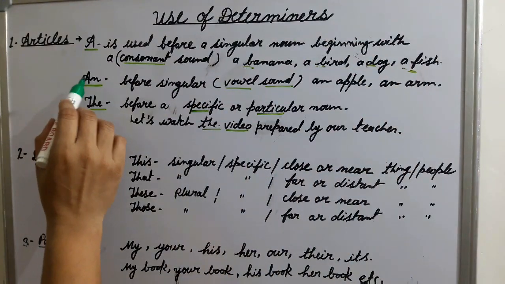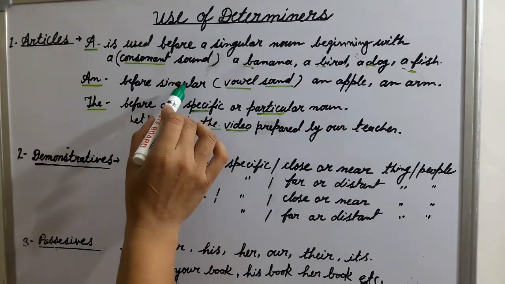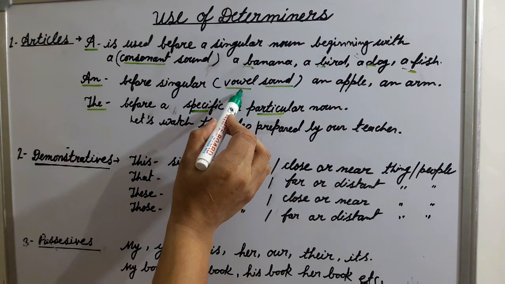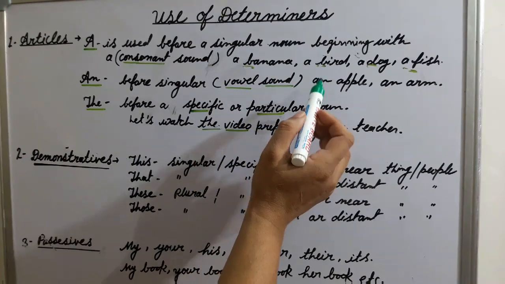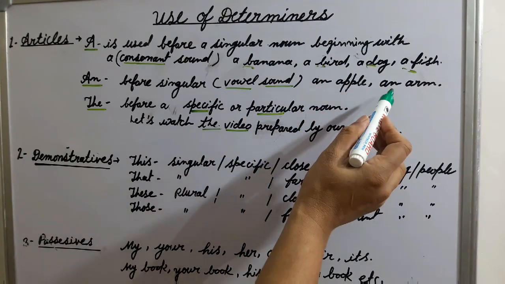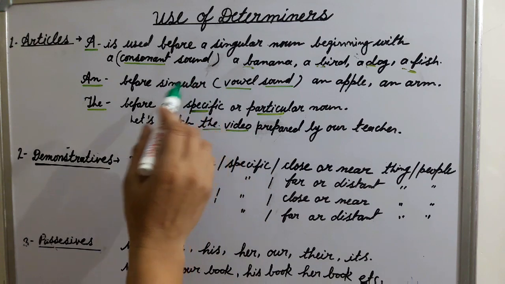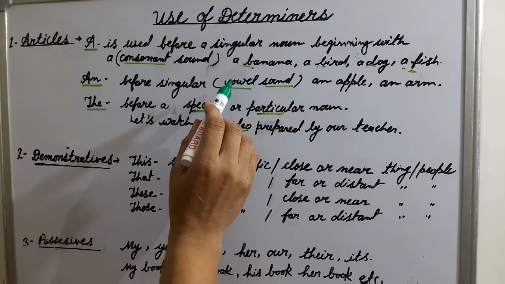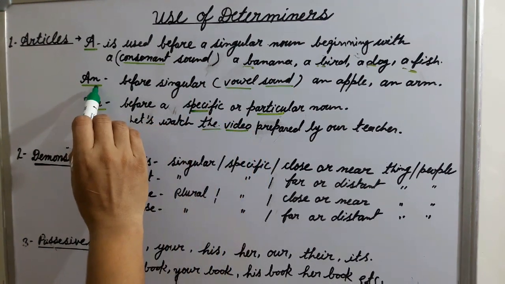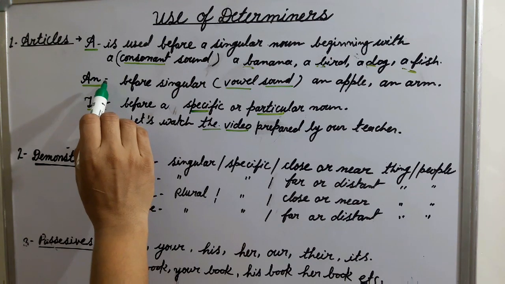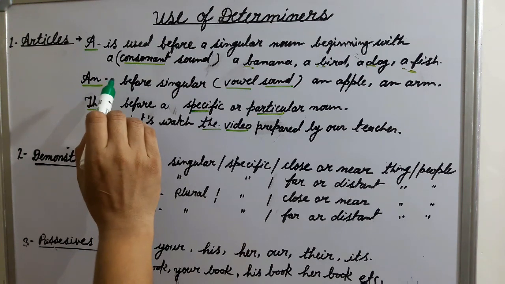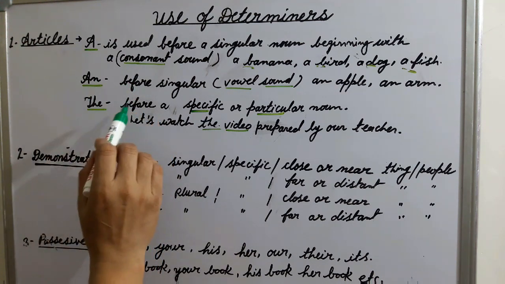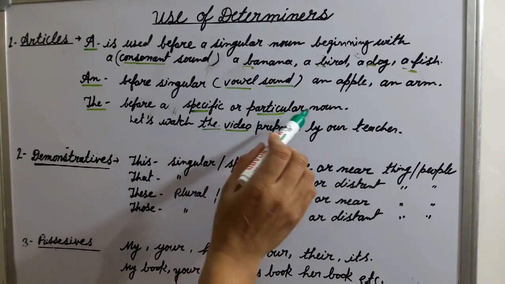An is used before a singular noun beginning with a vowel sound. For example, an apple, an arm. As we know that there are 5 vowels A, E, I, O, U. So we will use An before the words that start with A, E, I, O, U. The is used before a specific or particular noun.